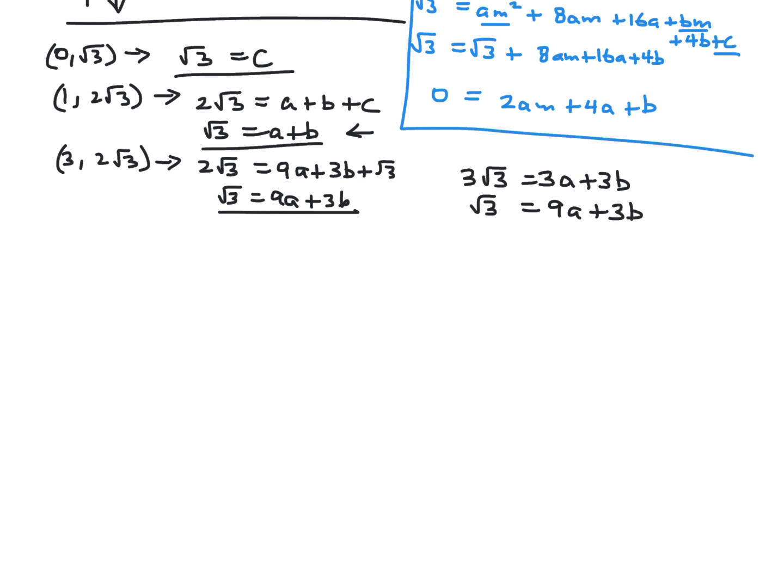So this will be 6a is equal to, let me see if I did this correct. Oh, sorry. If I multiply this guy by 3, yeah, 3 root 3, and the left side will be 6a, and the right side root 3 minus 3 root 3.